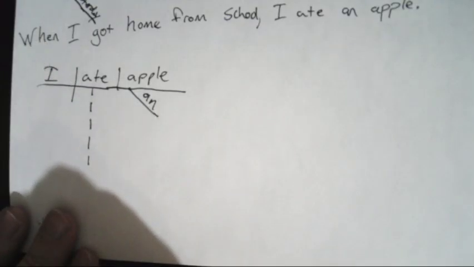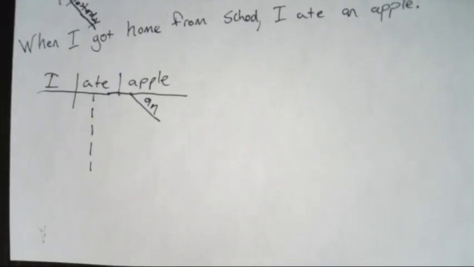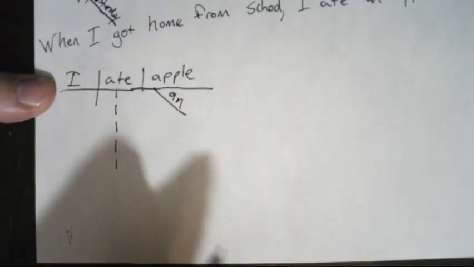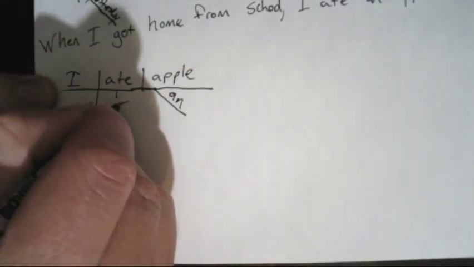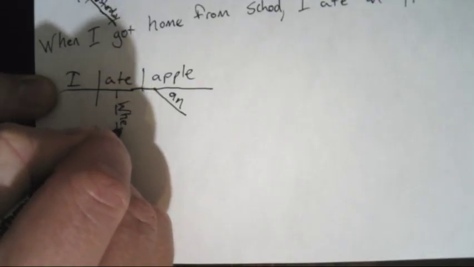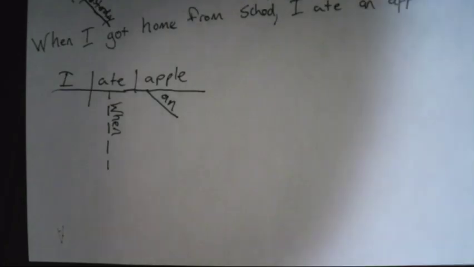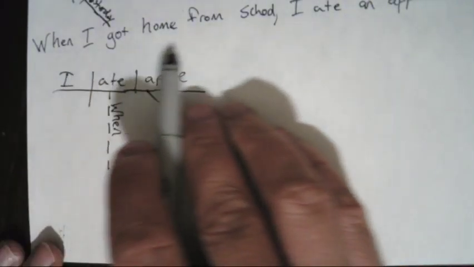When is a preposition, right? So that preposition is not going to be the direct object of the clause. It really doesn't have any place in the clause. So what we're going to do is put it right here on the side. It goes on that dashed line, kind of like a conjunction. Okay, when what? When I got home from school.